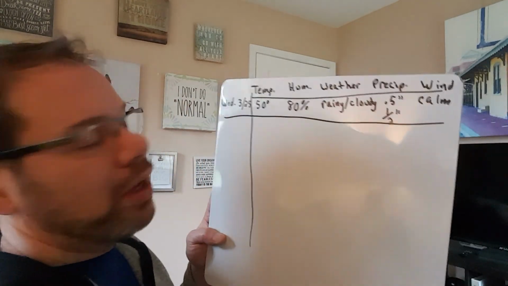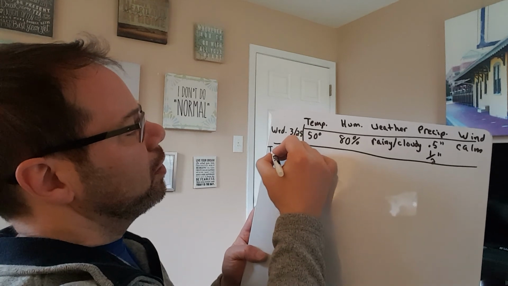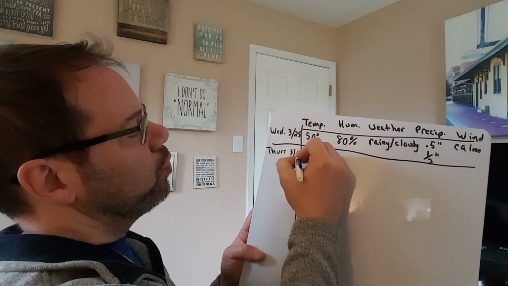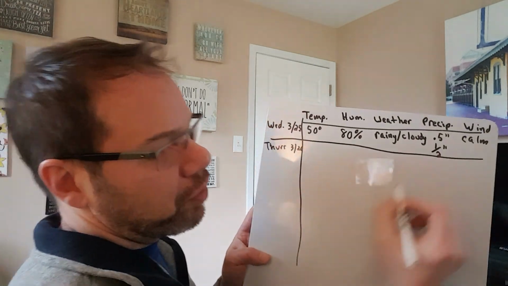Okay, and then the next date is going to be tomorrow, Thursday, 3/26. Okay, and then I'm going to go ahead and do the same thing for tomorrow. I would recommend monitoring the weather. We normally did it around 1:30 or 1:45, or sometimes 2:30, 2:45, right before we left. But let's say 2:30 if you could do it at 2:30.